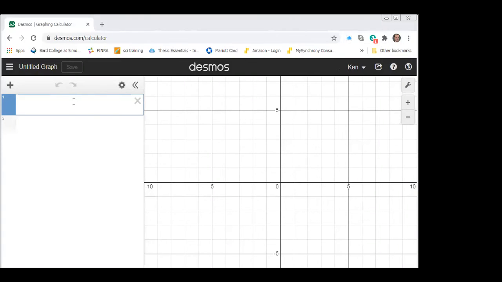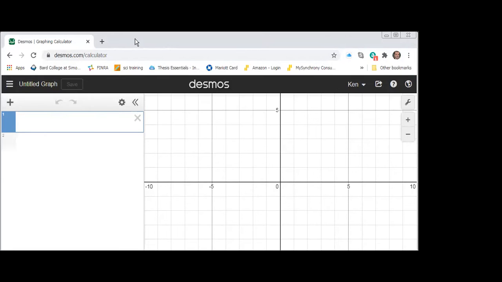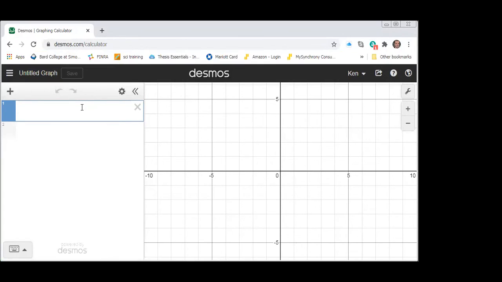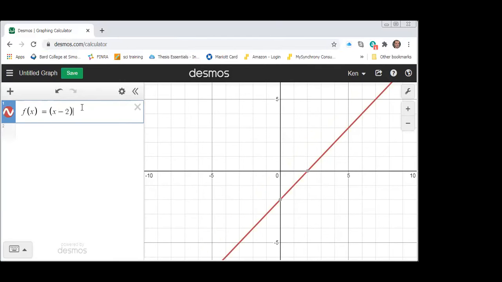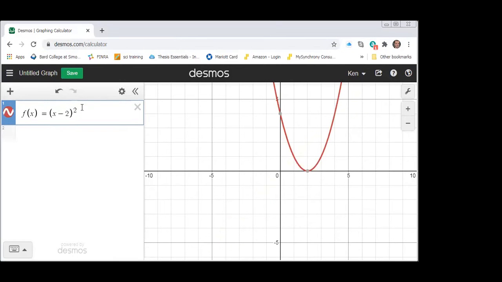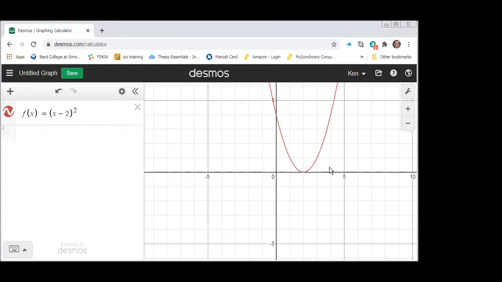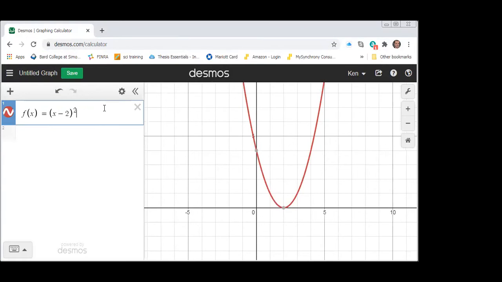So we looked at f of x equals (x minus 2) squared. There it is. And by the way, I don't want to make you think that Desmos can do everything, but for simple functions like this, it can also do some of these calculations.